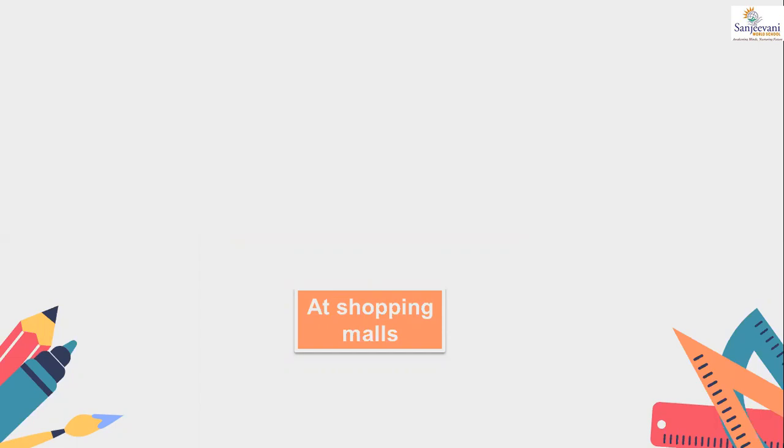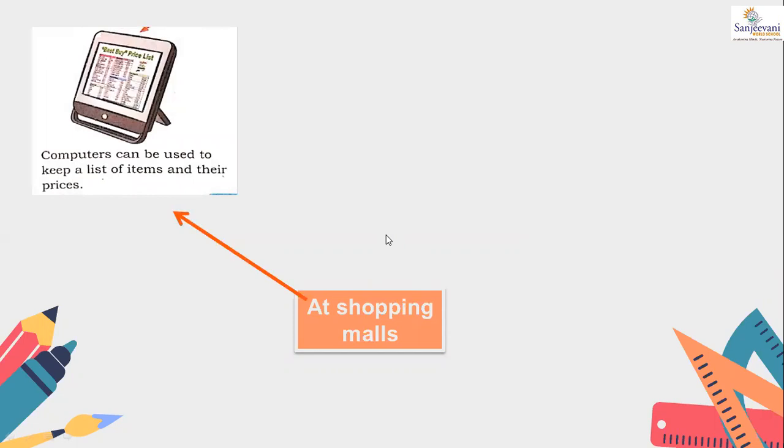Whenever you go to shopping malls, you see in each and every shop there is a computer. First, computers can be used to keep a list of items and their prices. The computer stores the list of items present in a shop, and gives their prices, information about each and every item.